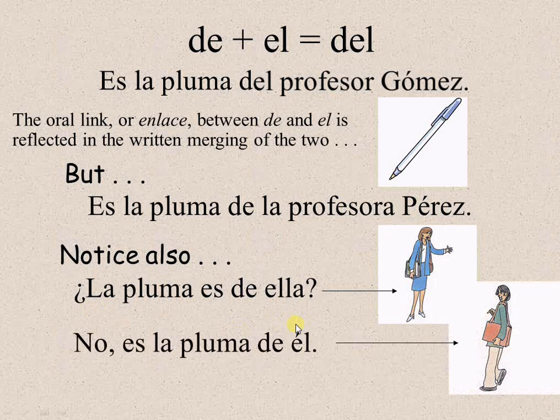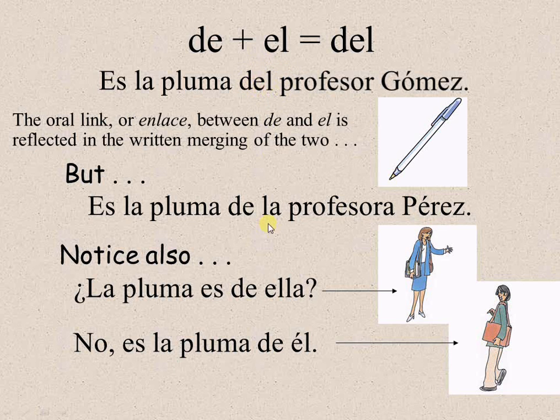No, la pluma es de él. Now, why didn't I combine here? Because él here is not an article. You see the accent mark? Él means he. Okay? So in this case, it's okay to use de él. Here it is not okay to use de él, because before it was an article, so del.